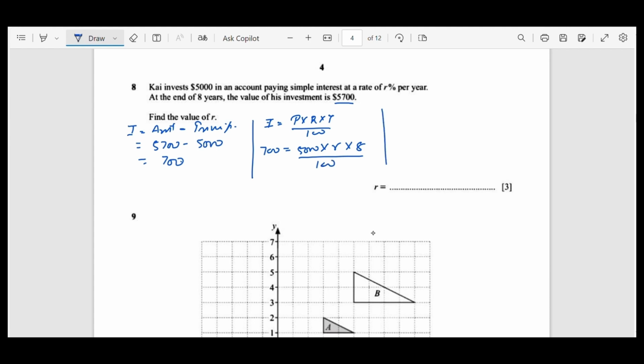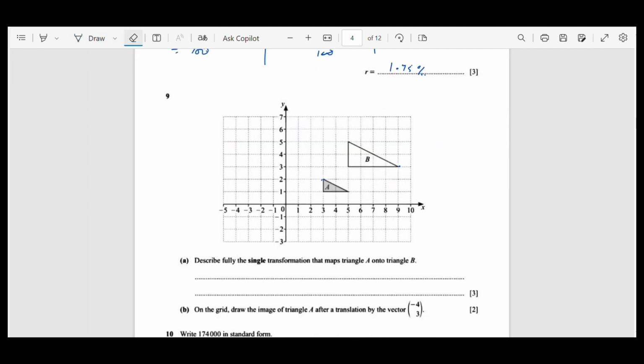So we will cut this, and this is equal to 700 divided by 50 into 8, which will be equal to R. We will use the calculator here, so R will be equal to 1.75%. So our answer is 1.75%. Next question.